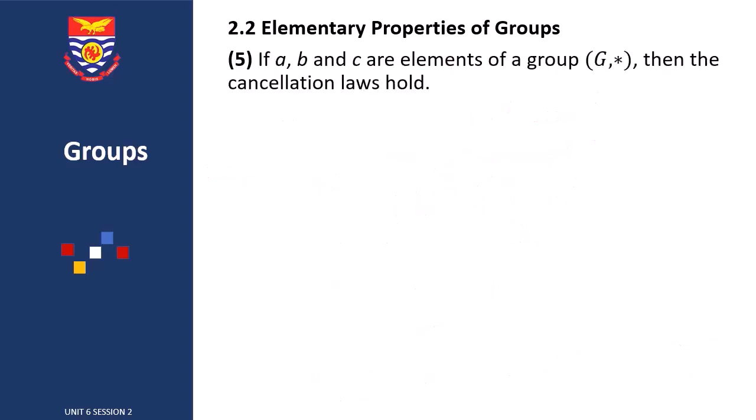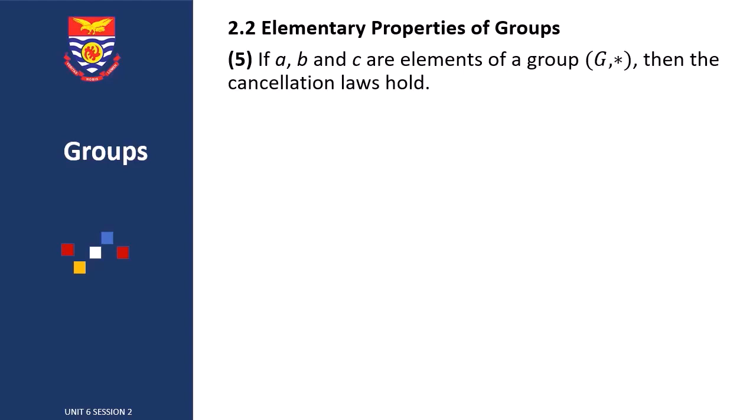So let's look at property 5, or axiom 5. If A, B, and C are elements of a group G, then the cancellation laws hold. So you have two cancellation laws, right cancellation and left cancellation. Let me help you prove these two laws, because they are very, very interesting.